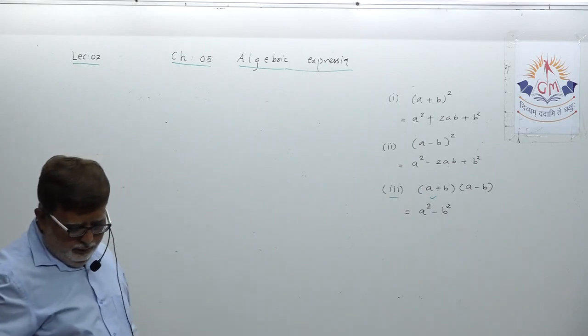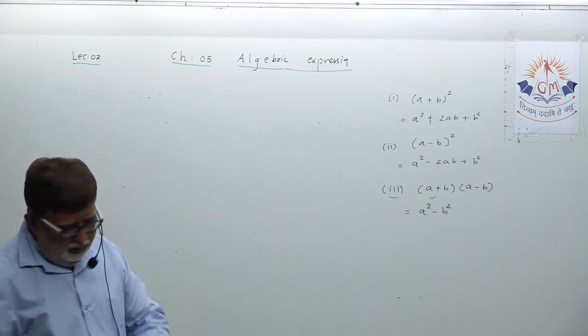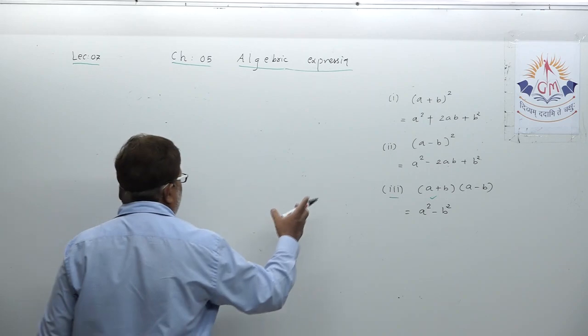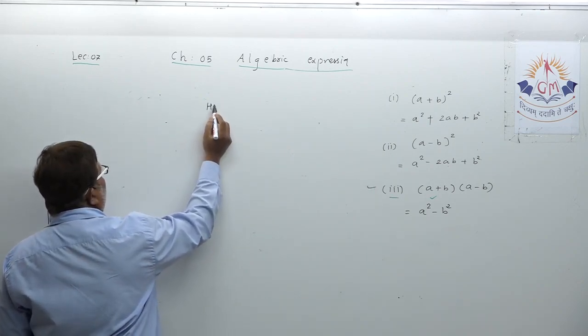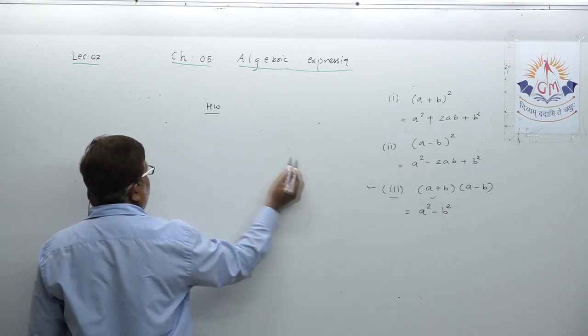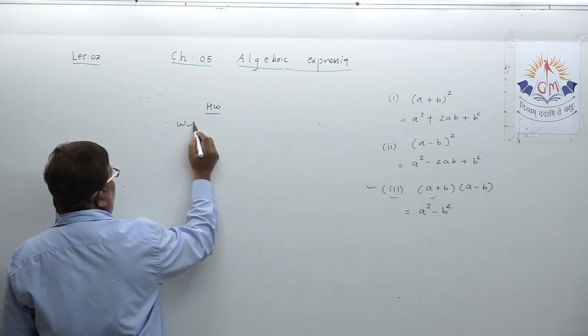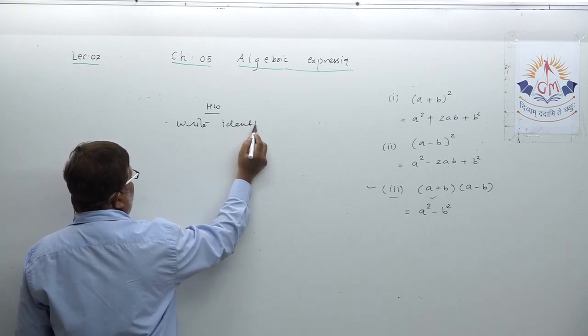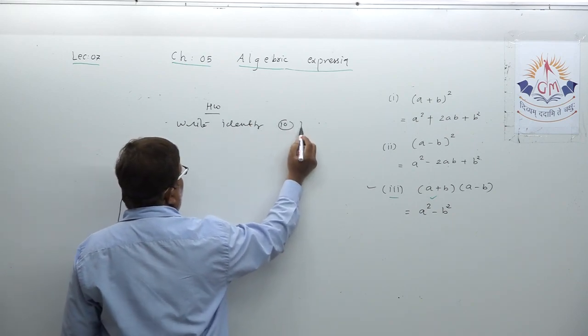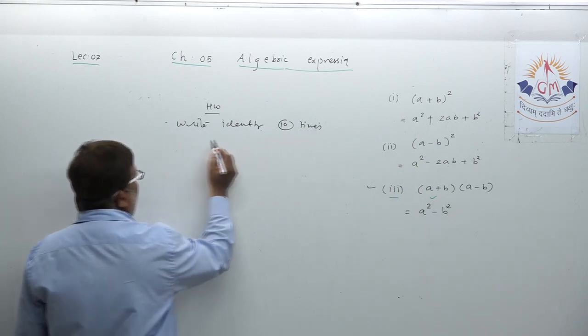First, in your homework you have to write this identity. Okay, in homework, this given identity, write it 10 times. That is the first homework you will do.